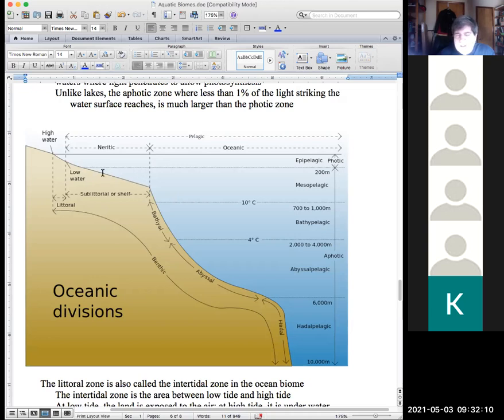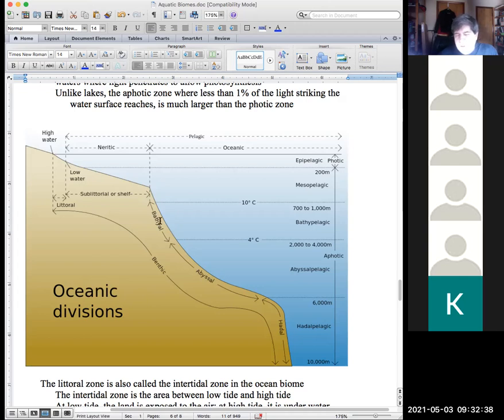And that's because this part of the land, if we look at a continent, is called the continental shelf. So that's why this is sometimes called the shelf zone. Now, at some point, the continental shelf zone stops and the depth of the water starts to increase more rapidly. And this area is sometimes called the continental slope.